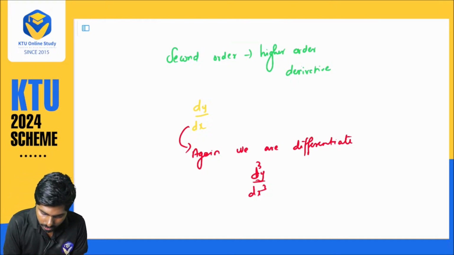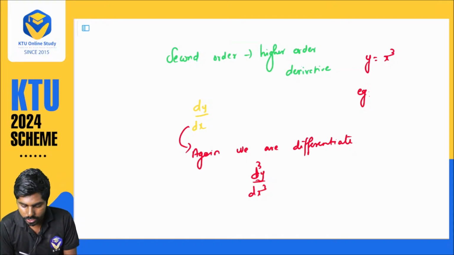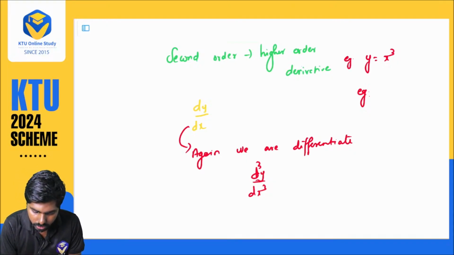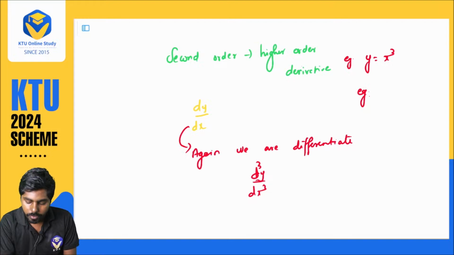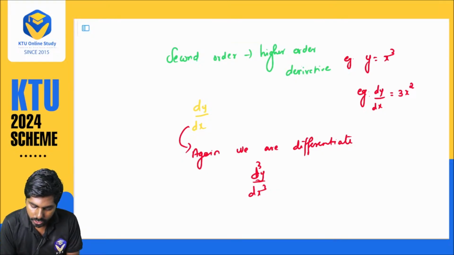Let me give an example. They are asking y is equal to x cube. When you solve it, dy by dx is equal to 3 into x square. Then again when you differentiate, d square y by dx square is equal to 3 into 2x power 1.